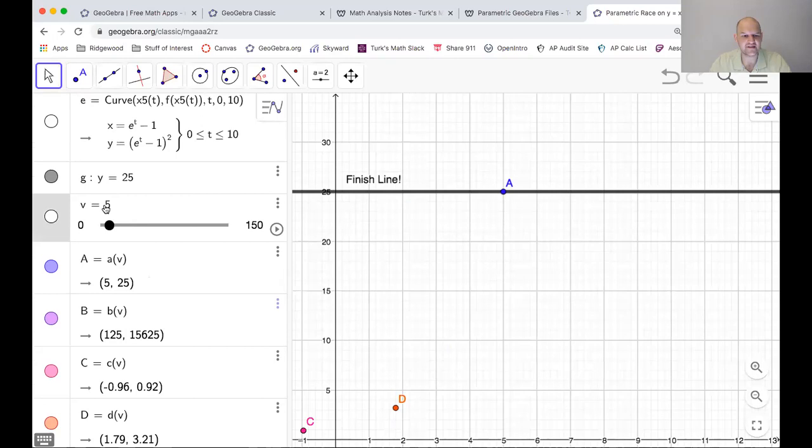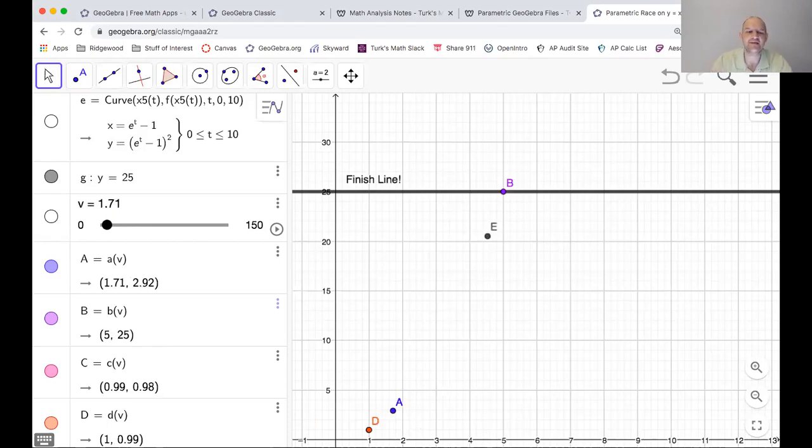We said one of them gets there at 1.70, let's say 1.71. So I'm going to type in 1.71. Point B is there. And then 1.79, I think, is when E is going to get there, basically. And then 147 point something.